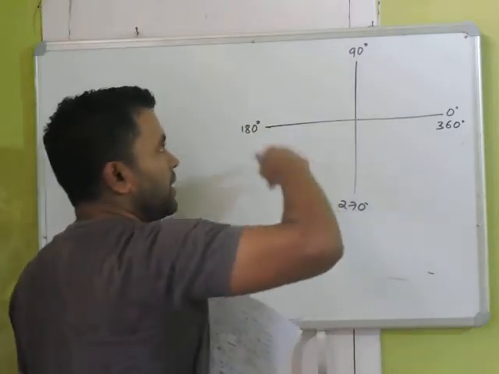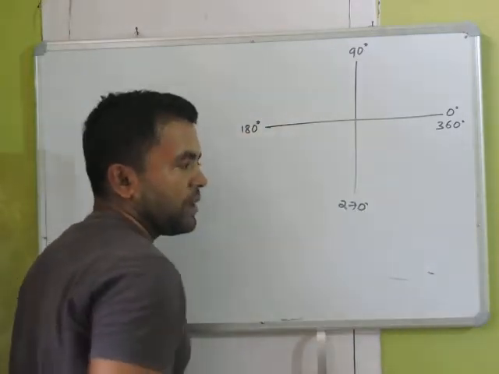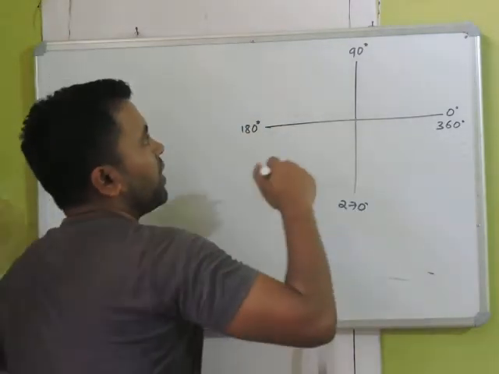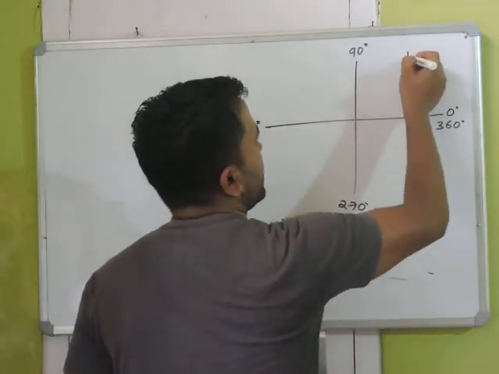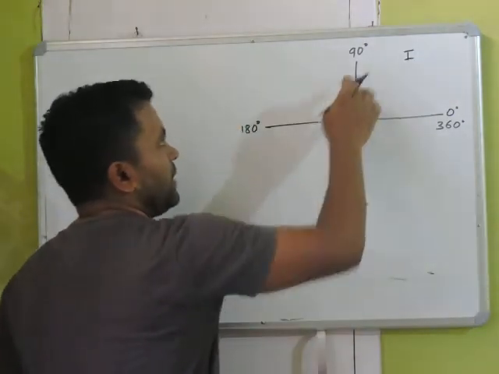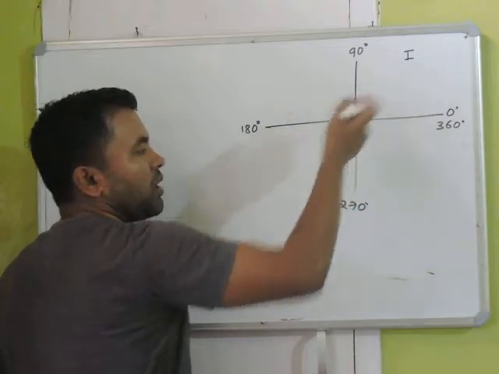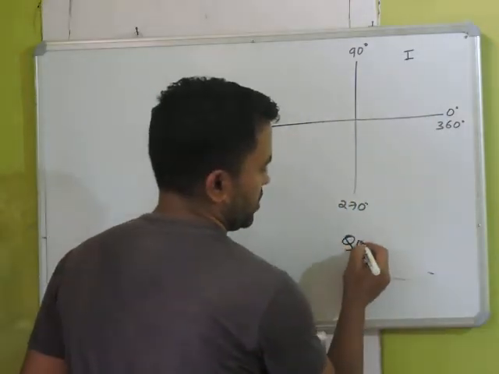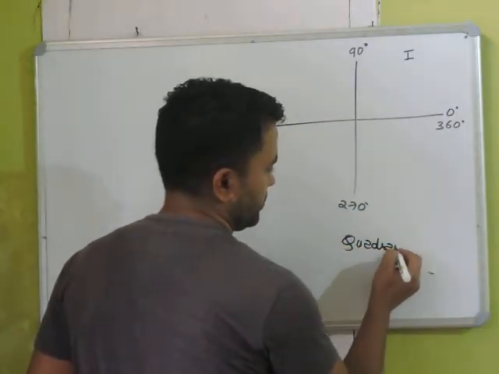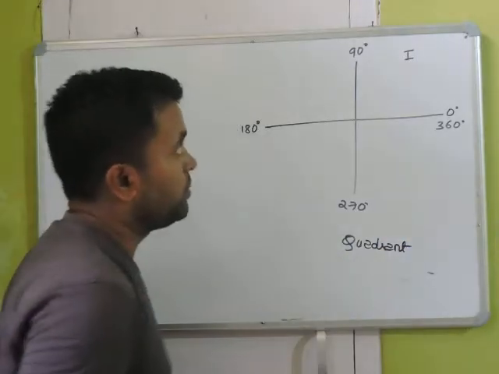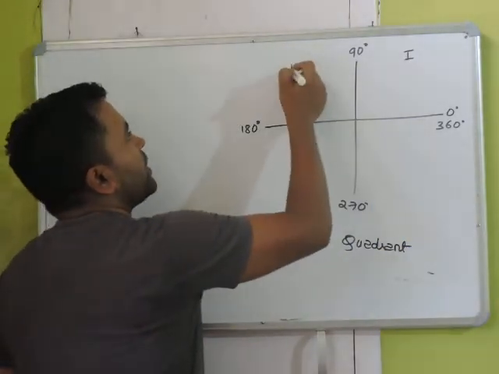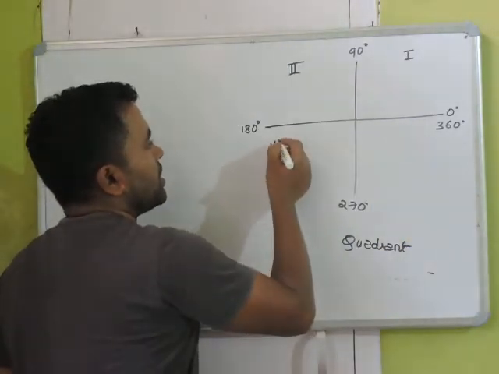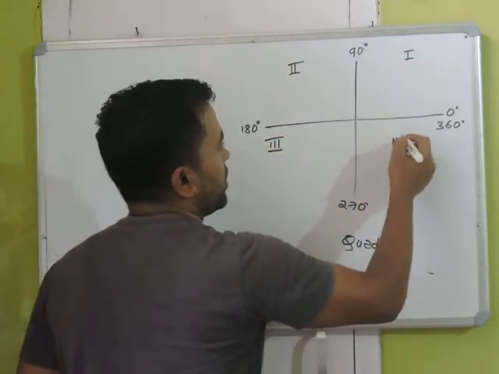So if I go like this, that is obvious. Now each part is called a quadrant. Each 90 degree sector is called a quadrant. This is the first quadrant, second quadrant, this is the third quadrant, and this is the fourth quadrant.